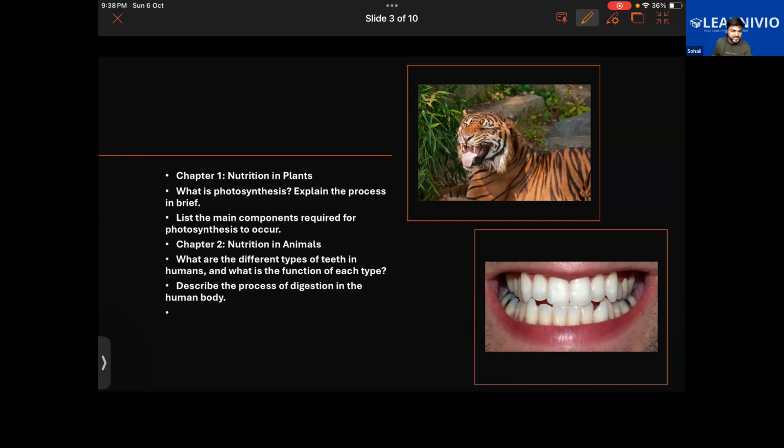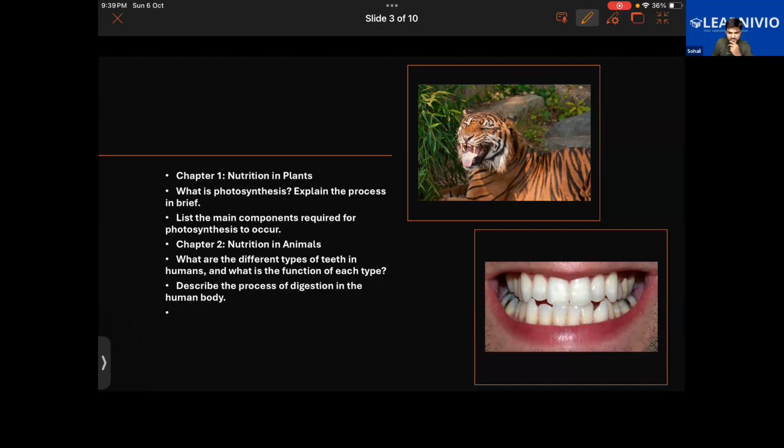The process takes place, and there glucose and oxygen are produced. Using the energy from the sunlight, the green plants convert carbon dioxide and water into glucose, and they release oxygen as well in the process. So that is what photosynthesis in simple terms is.